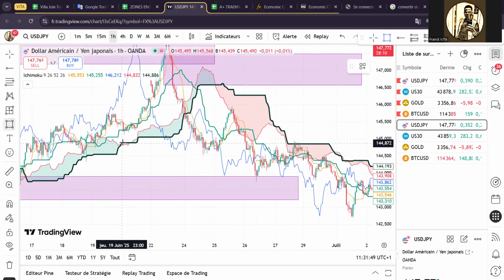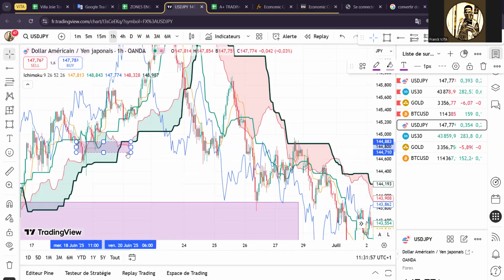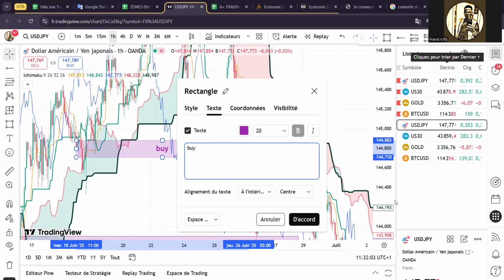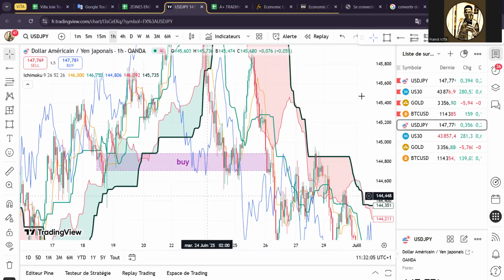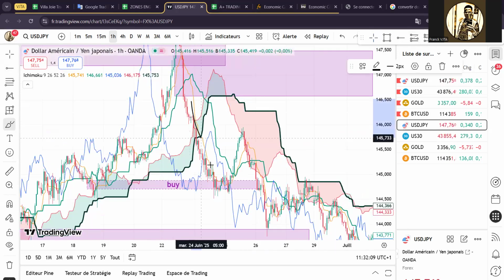So this minor zone now was drawn like this with an interrupted line. What happened here, if you had said buy at this point, is that the price started falling down, but it came and rebounded.